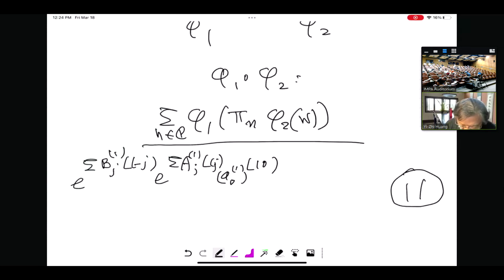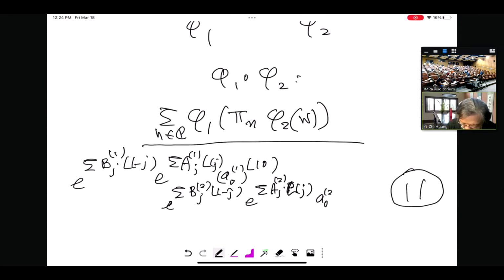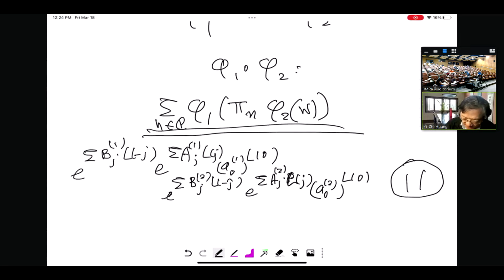And then you also have to compose with, so just multiply, E sigma B J2 L minus J, E sigma A J2 L J, A02 L0. So roughly speaking, this composition is just this. Certainly because of the exponential, you will have an infinite sum. Okay, so we need to prove the convergence of this.